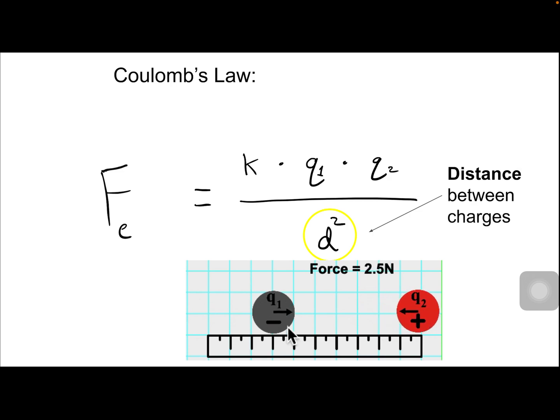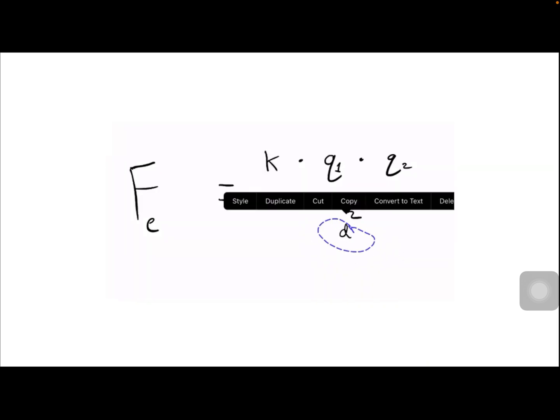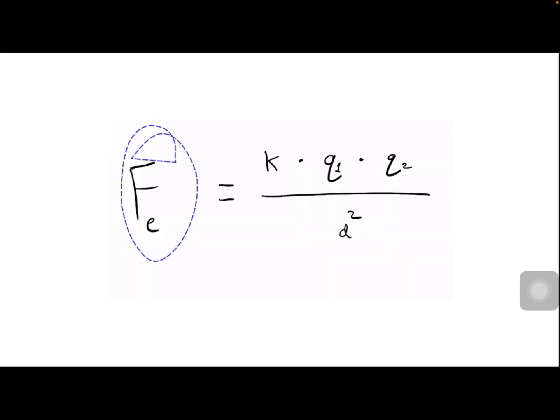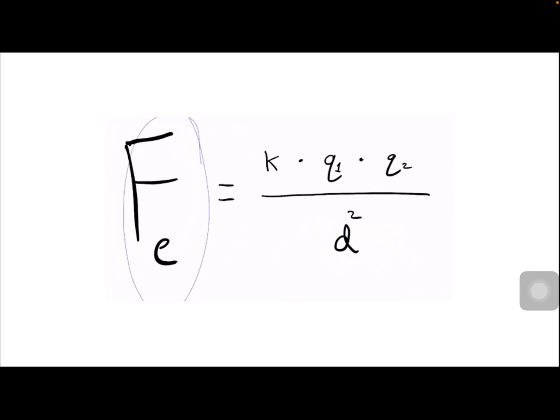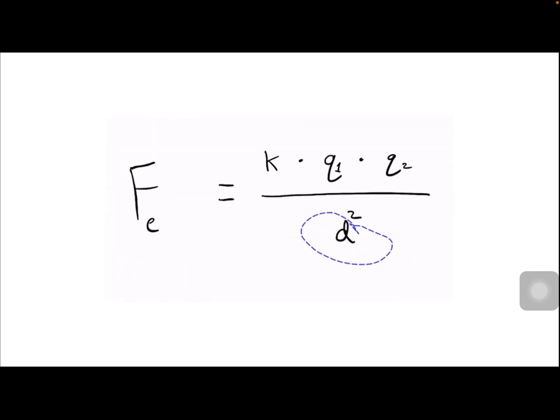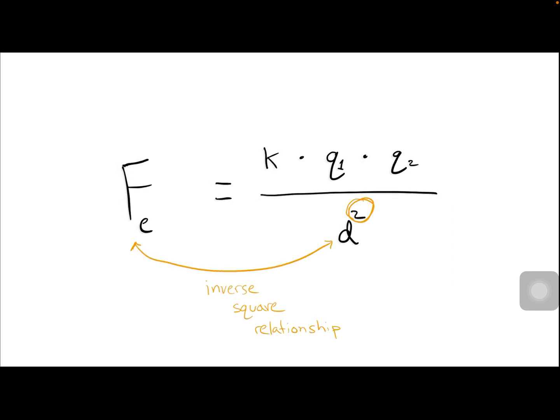Distance is now increasing here, and the force is going down. So let's see it one more time. Distance decreases, force increases. Distance increases, the charges are further away, force decreases. It's just an inverse relationship, right? Well, not really. That square there actually makes a special pattern we call an inverse square relationship.